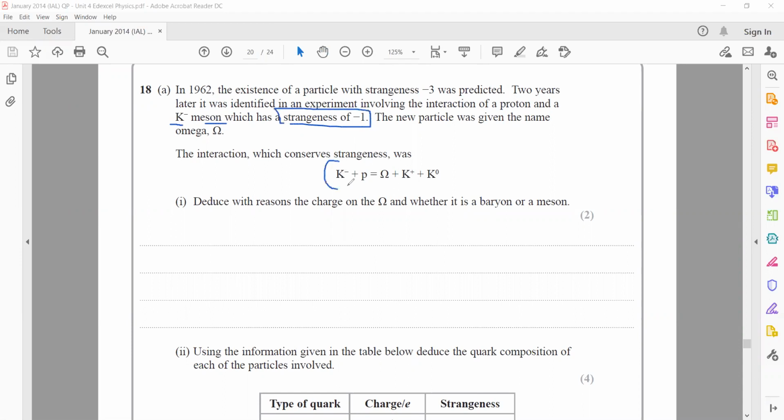For strangeness to be -1, there should be a strange particle inside it. But because it's a meson, if there is a quark, there should be an anti-quark.